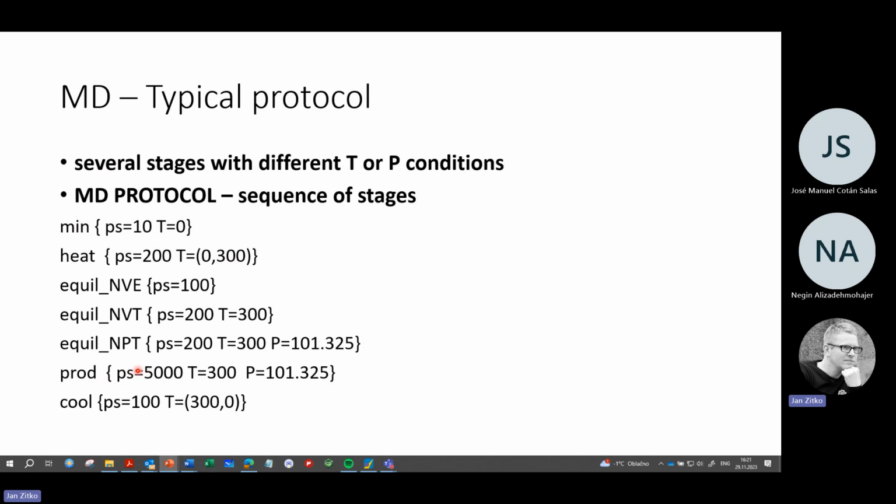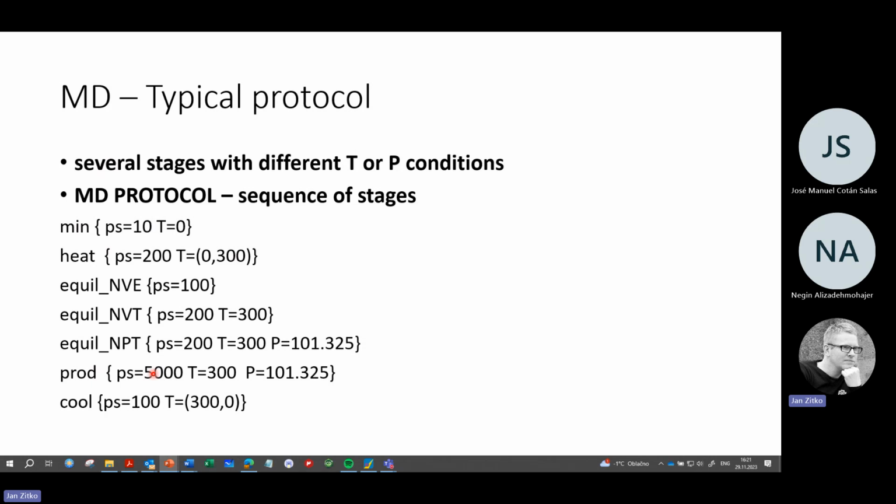By analyzing the trajectory, you can analyze the system, its properties, and so on. In this case, it's a 5 nanosecond production phase, which is quite short nowadays. Usually tens or hundreds of nanoseconds are done.